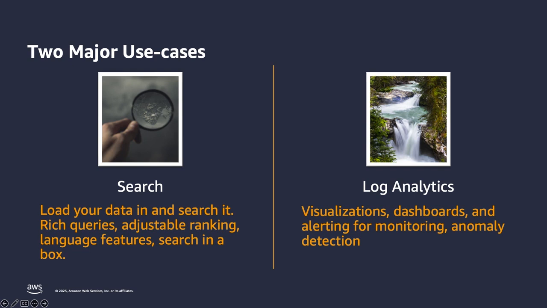The search use case, in terms of characteristics, is usually read heavy, where you have a lot of read operations but not so many write operations, while the log analytics characteristic is write heavy, where you have a lot of write operations going in, typically from a streaming source, and less read operations.